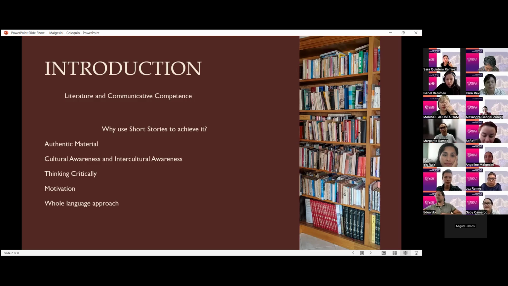So literature helps us gain communicative competence because we focus on specific communities. And the use of short stories is, I'm not going to say a better way, but I guess an easier way to achieve that goal since it has authentic material. Short stories are made for native speakers, so they don't use simplified language.